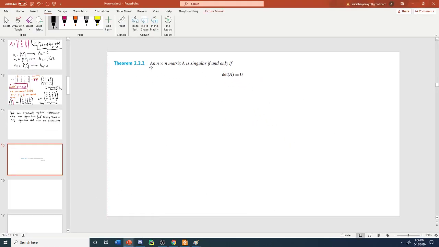So we make the following claim: an n by n matrix A is singular if and only if the determinant of A is equal to 0. We can prove this as follows.